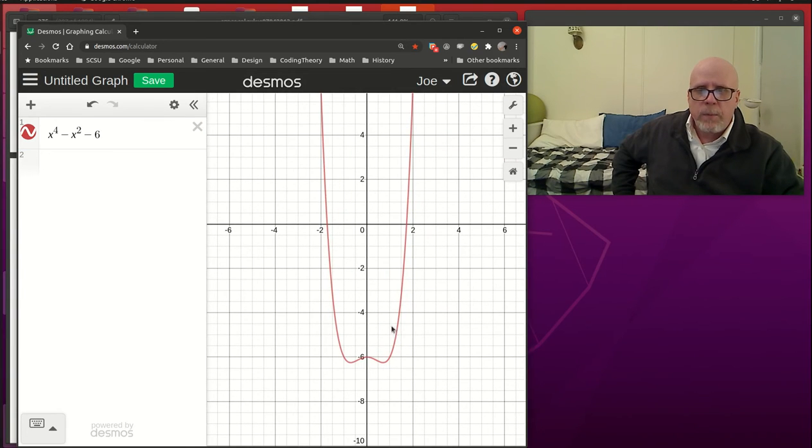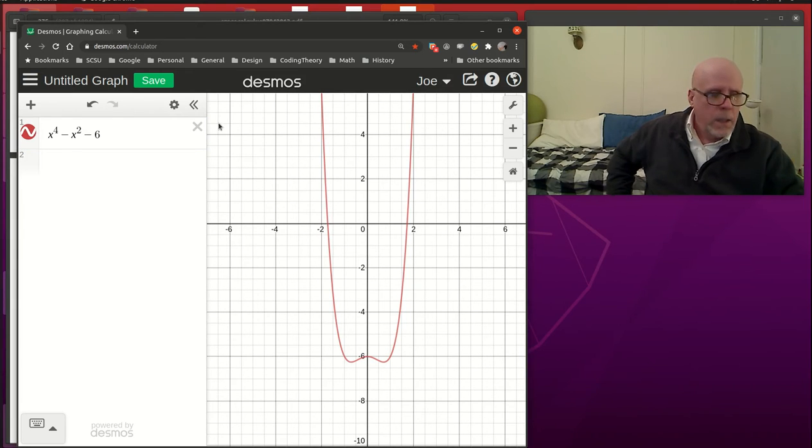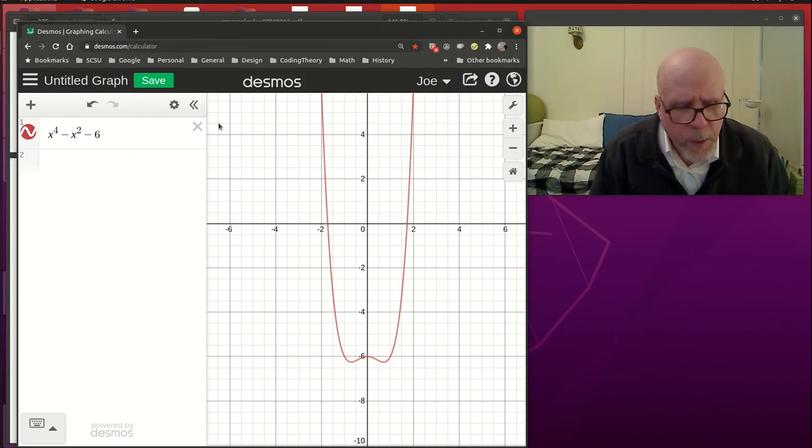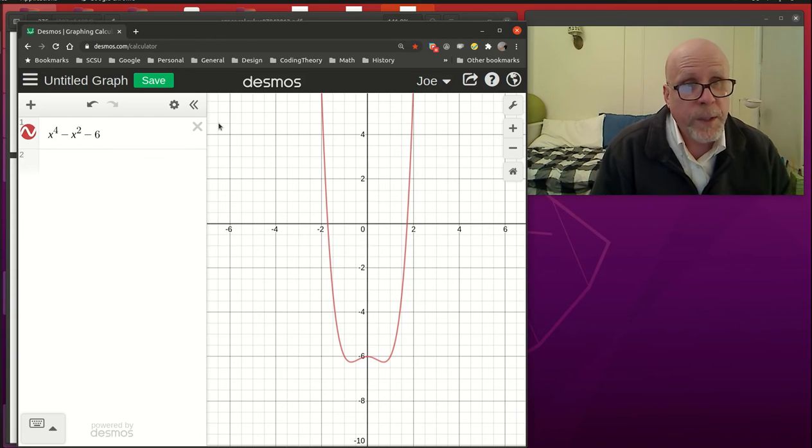Very typical shape for a quartic, or x to the fourth thing, kind of a W in there. But you see the only zeros we're getting are there and there. And 1.732 is a pretty good approximation to square root of 3, plus and minus. Yay.